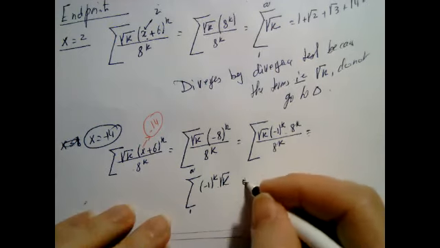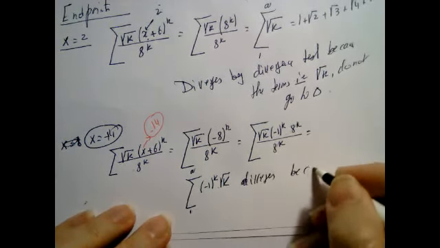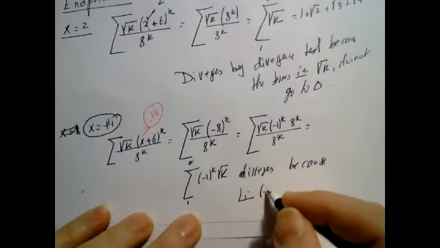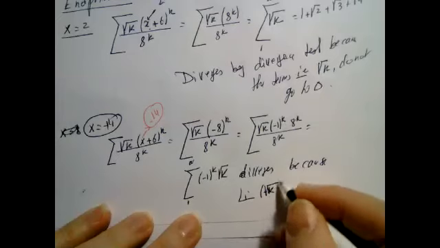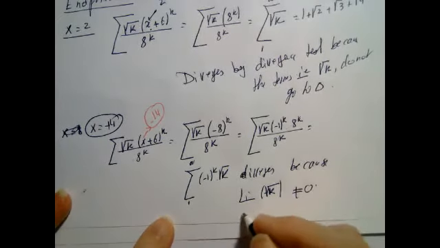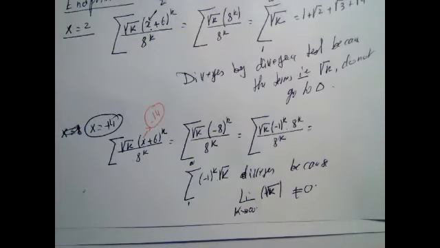So this one diverges, because those terms, the square root of k, you can concentrate on that. The limit is not 0. Okay, so even when the terms don't become small, the series is going to diverge.